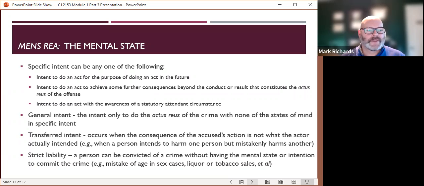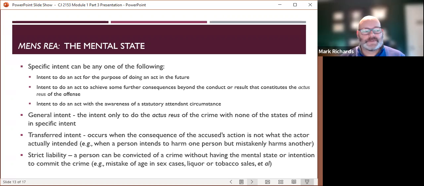General intent is the intent only to do the actus reus of the crime, with none of the states of mind in specific intent. Transferred intent occurs when the consequence of the accused's actions is not what the actor actually intended. For example, when a person intends to harm one person but mistakenly harms another.